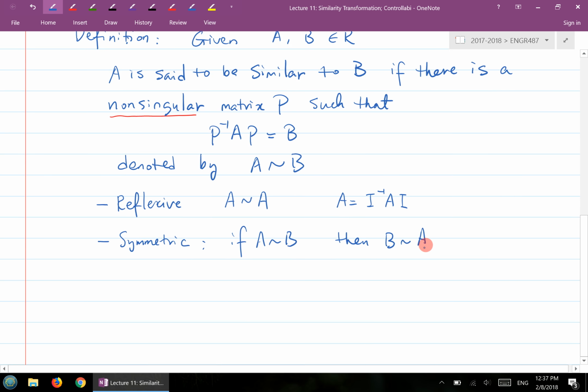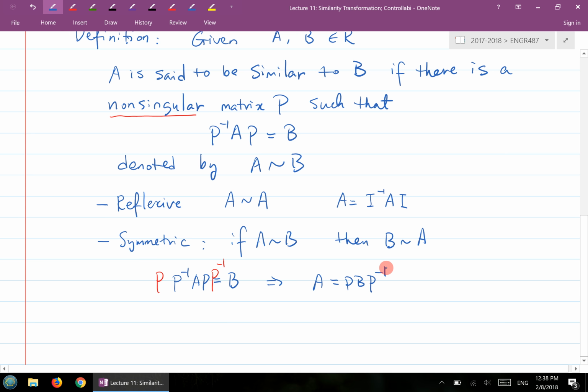This is actually quite easy to prove. Let's say A is similar to B. According to the definition, we have P inverse A P equal to B. Now if I multiply by a P matrix on one side and P inverse on the other, this formula becomes A equal to P times B times P inverse.